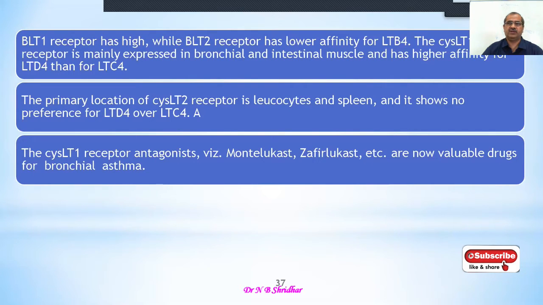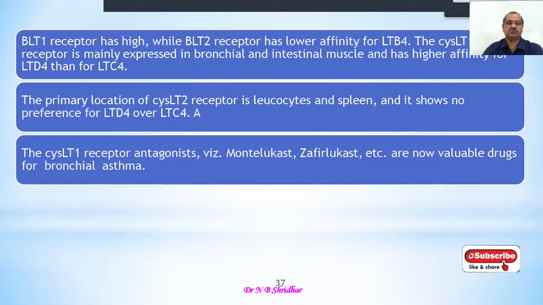So the leukotrienes also play a very important role in the inflammatory process of the body, and the primary location of this receptor is leukocytes and spleen, and it shows no preference for either LTB4 or LTC4.